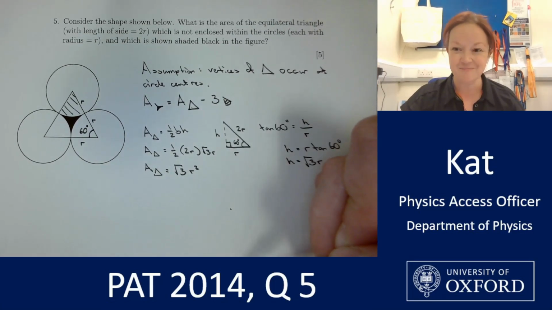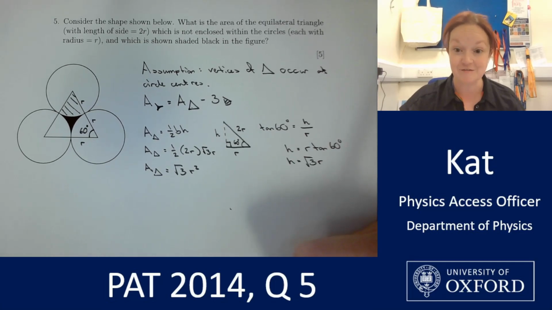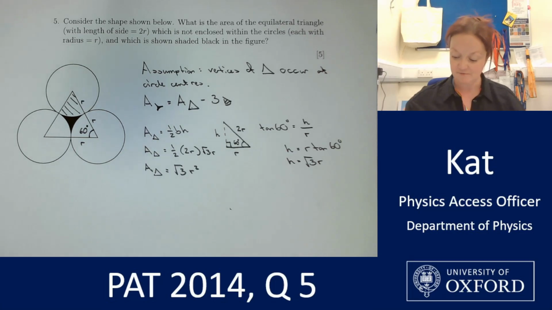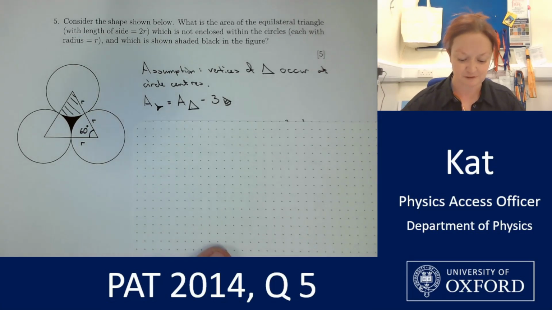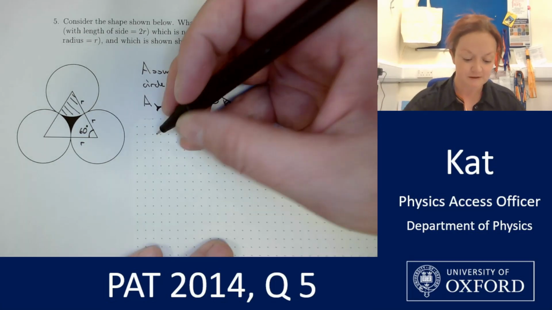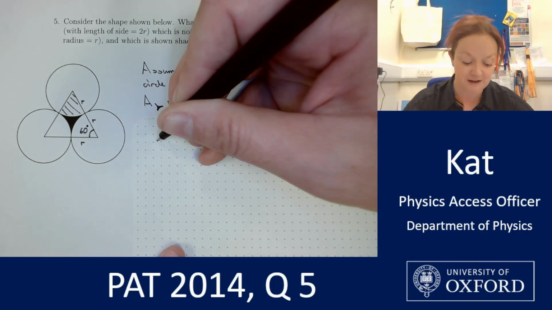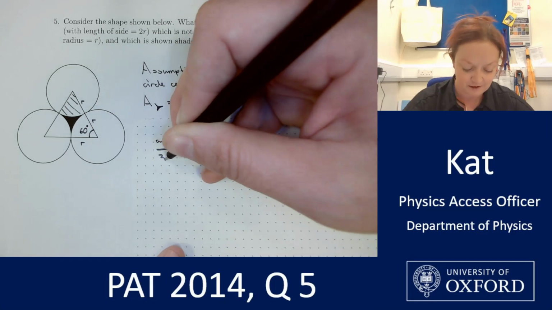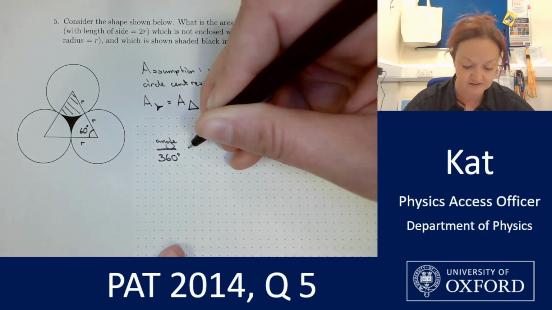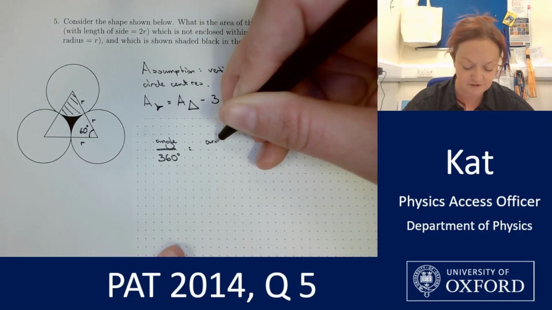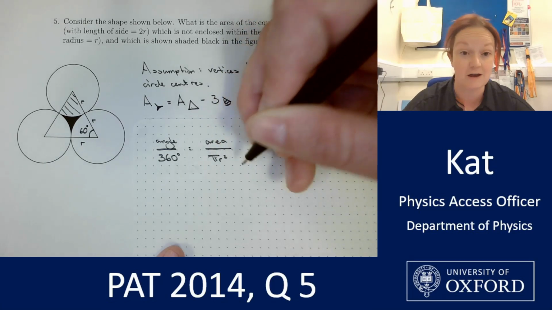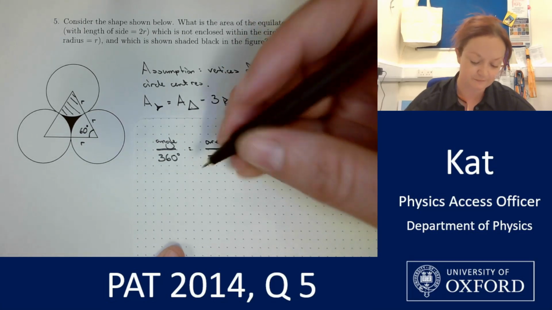We're halfway there. Next thing I need to do is find the area of my circle segments. I'm going to use a new piece of paper for this just so we've got a bit more space. I'm going to use the fact that the angle at the center of a circle out of the total of 360 is in the same ratio as the sector area out of the full circle area, pi r squared.